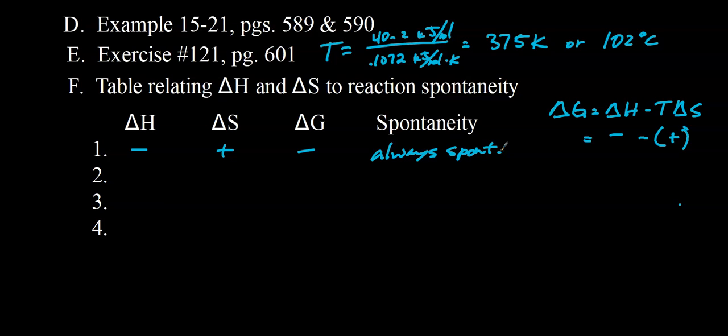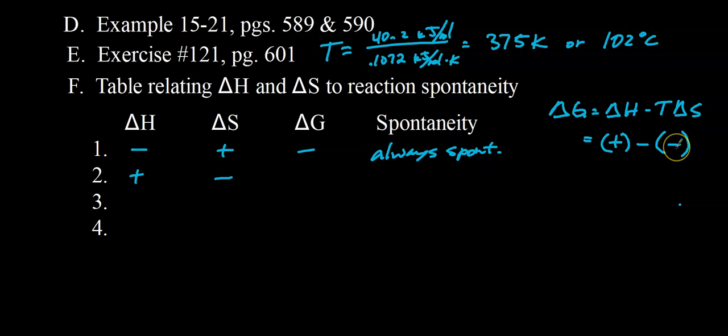Let's look at the other way. How about an endothermic process, not favored in nature, that decreases in entropy, also not favored in nature. So if our delta H is positive and our delta S is negative, what is the sign for delta G?